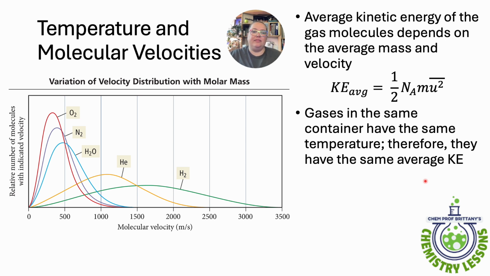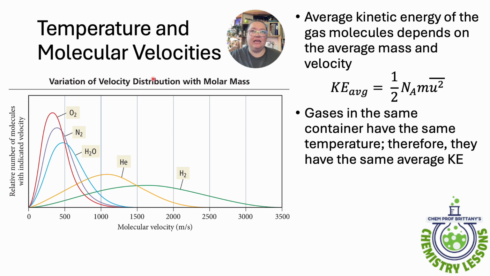So this is a graph that shows us various gases at the same temperature based on their mass and their velocity, right? So according to this equation, this is a physics thing, our average kinetic energy is related to the number of particles we're talking about, and then our mass and our velocity.